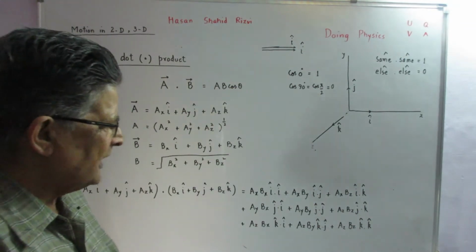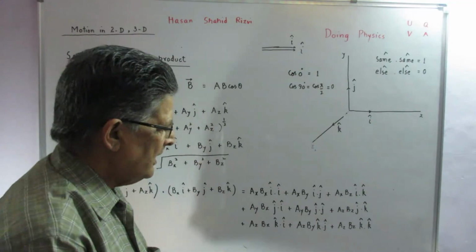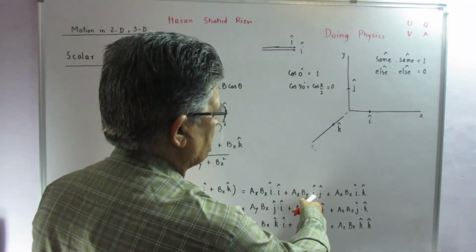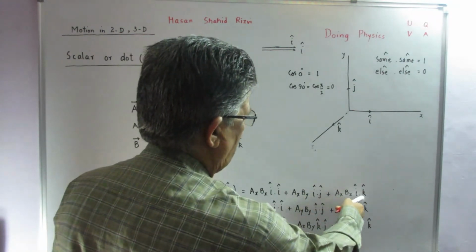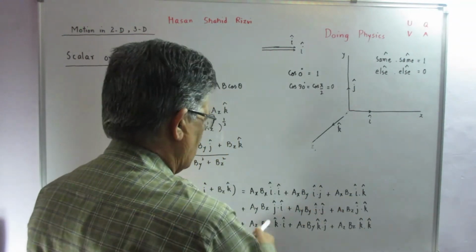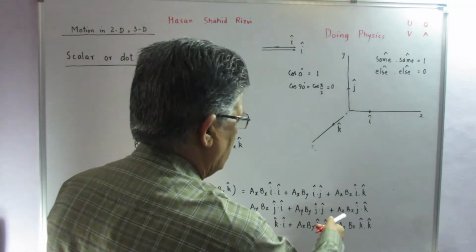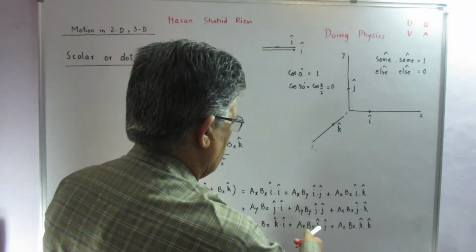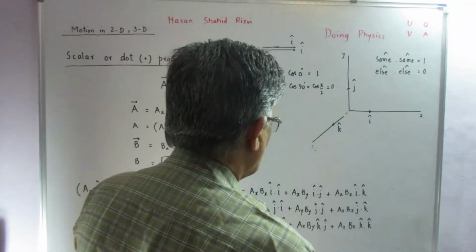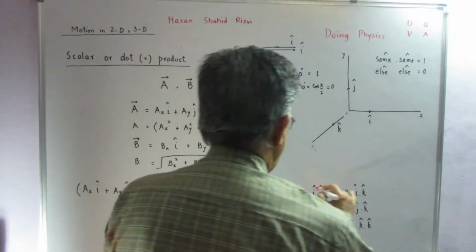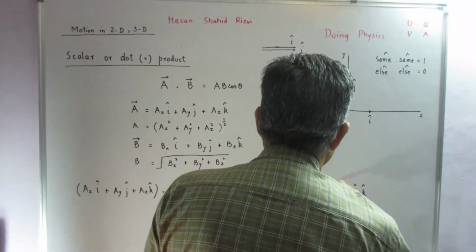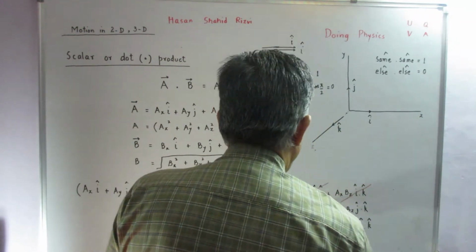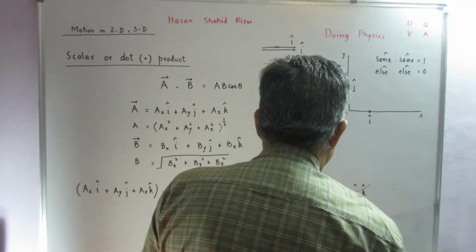And now the results that we obtain are that these quantities i dot j, j dot k, j dot i, k dot i and k dot j, all these quantities, they vanish, being equal to 0.